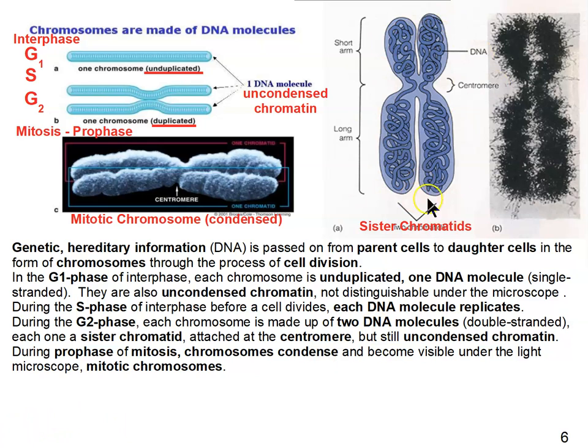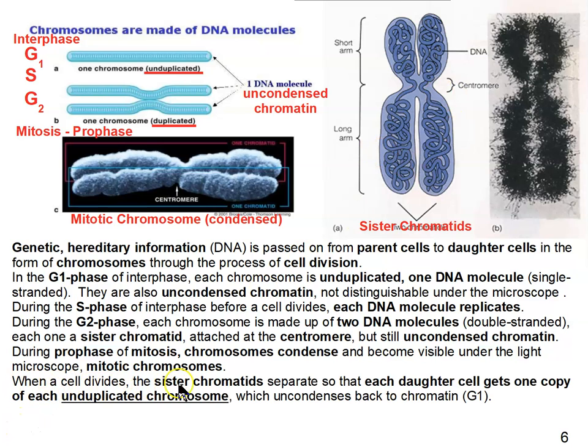So notice that for every chromosome, there are two sister chromatids, and we're about to divide, and they're in a parent cell that's about to divide into two daughter cells. So hopefully you can see where we're going with this. Each daughter cell is going to get one copy of DNA. Each daughter cell is going to receive one sister chromatid from each chromosome from the parent cell.